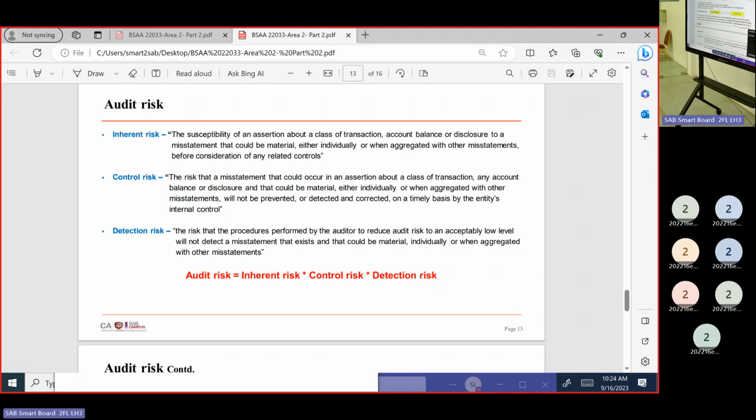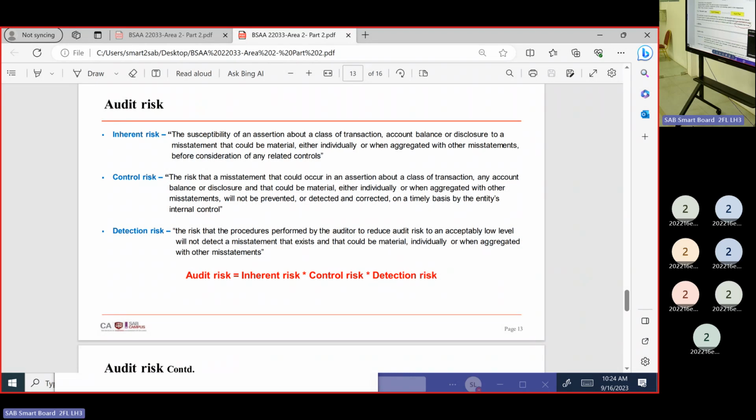So the balance level, we can say that the balance is not that much related to inherent risk. Inherent risk is very low here, very high here. And for control risk, we can say rely on control, not rely on control.